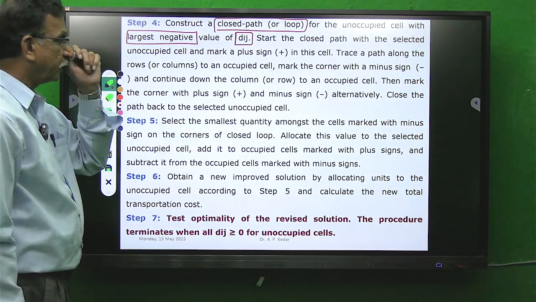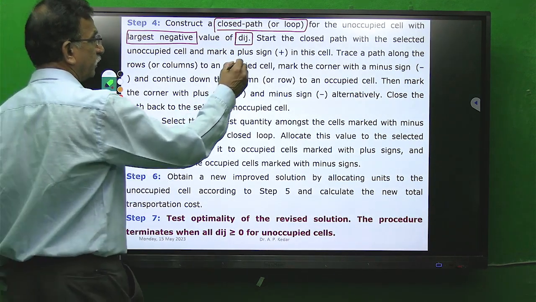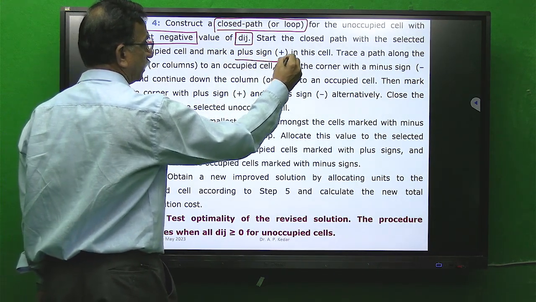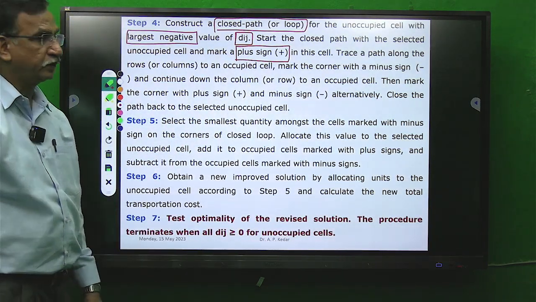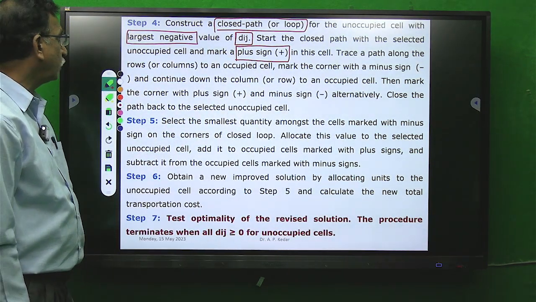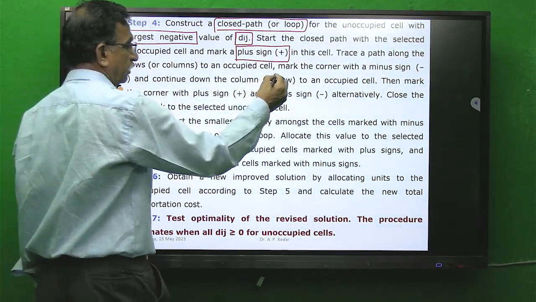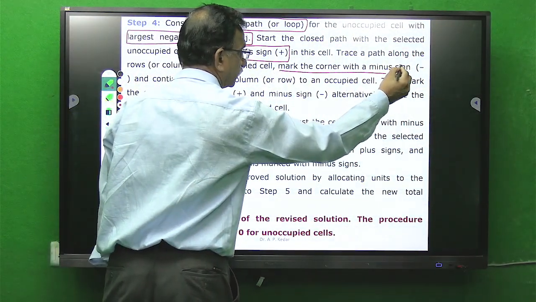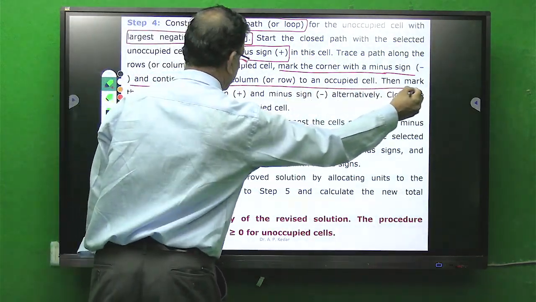Start the closed path with the selected unoccupied cell and mark that particular identified cell with a positive sign. Trace a path along rows and columns of occupied cells. Mark one corner with minus and the other with plus.